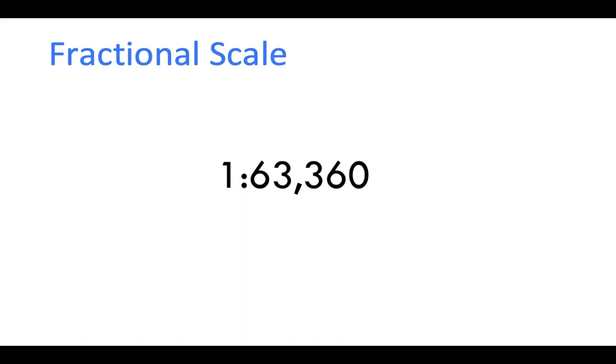It would be 63,360 inches, right? Because we had that verbal scale. We said 1 inch equals 1 mile. And at the same time, we're saying 1 inch equals 63,360 inches in reality, right? So that's how we can figure that out. And that's going to be useful as we move forward and we play around with some of this stuff.